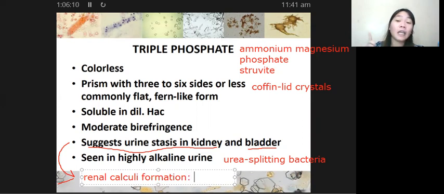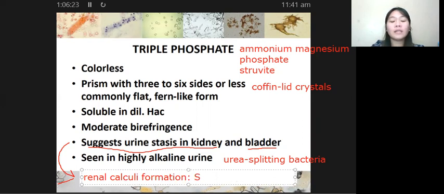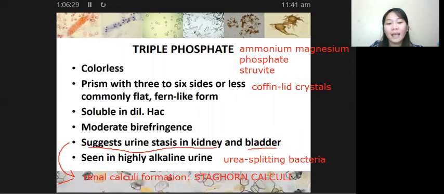There is a particular kidney stone that is associated with your struvite or your triple phosphate, and that is your Staghorn calculi. Okay, wag kakalimutan ha. SS lang yan. So, Struvite Staghorn calculi.